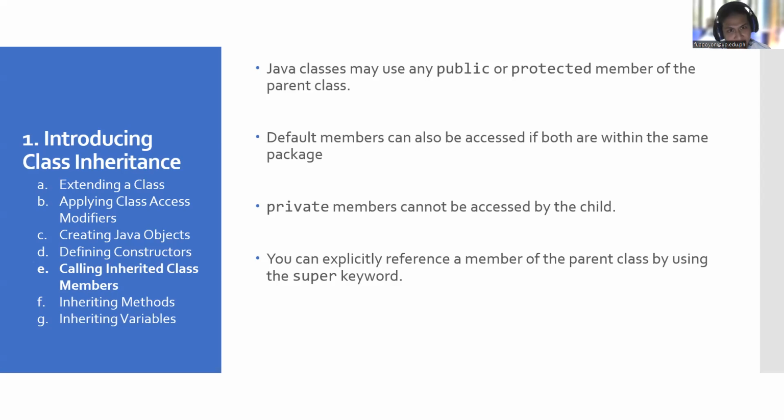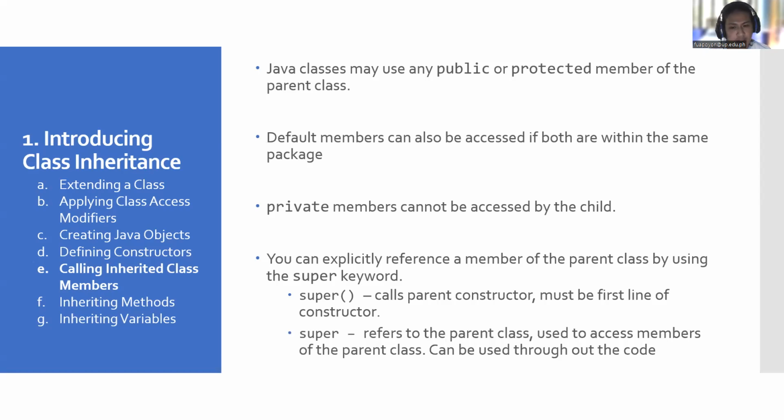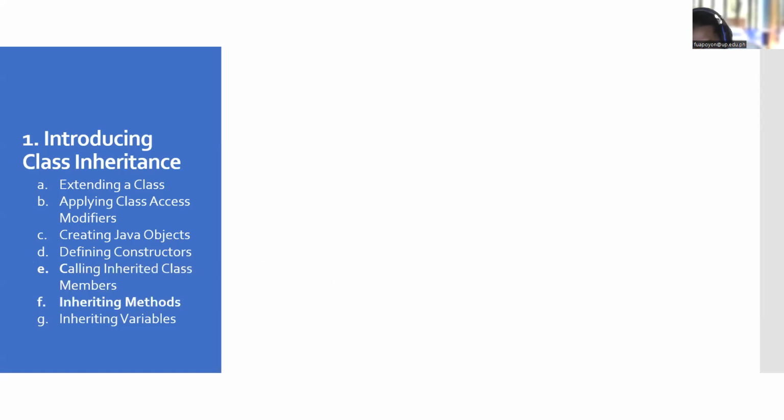If it does not have parentheses, it is referring to the parent class. So here, super with parentheses calls the parent constructor and must be the first line of any constructor in the child class. Super refers to the parent class, and can be used to access the members of the parent class. It can be used throughout your code or throughout your child object.